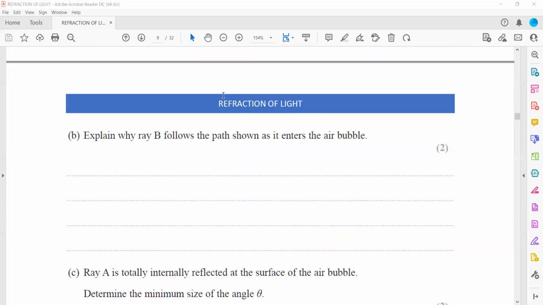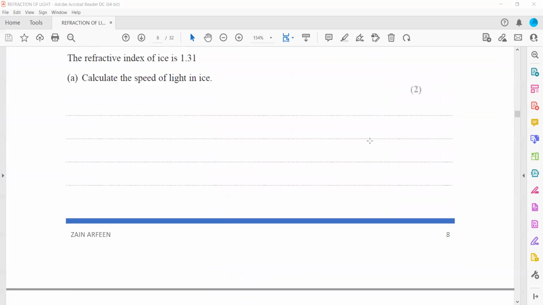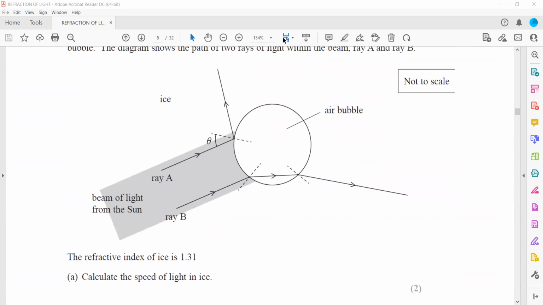Explain why ray B follows the path shown as it enters the air bubble. You have to show why it follows this path. The first point: this is the angle of incidence, and this angle of incidence is less than the critical angle.